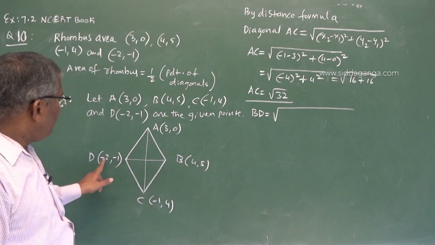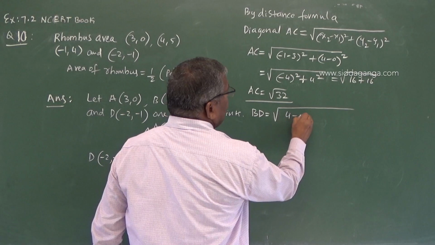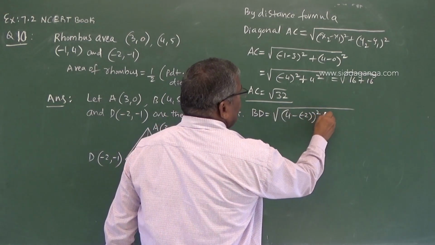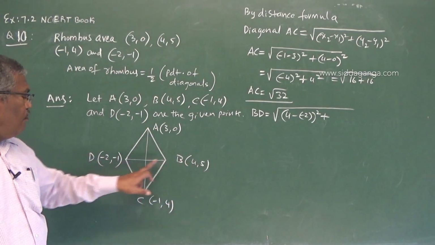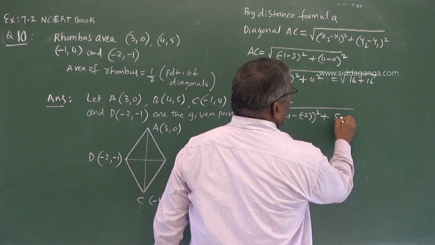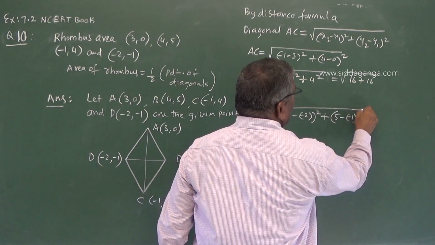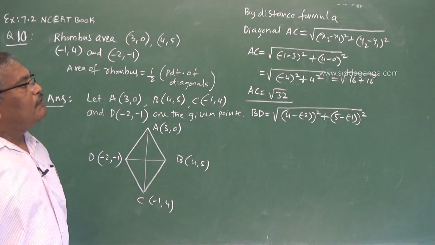So 4 minus of minus 2, whole square, plus 5 minus of minus 1, whole square.